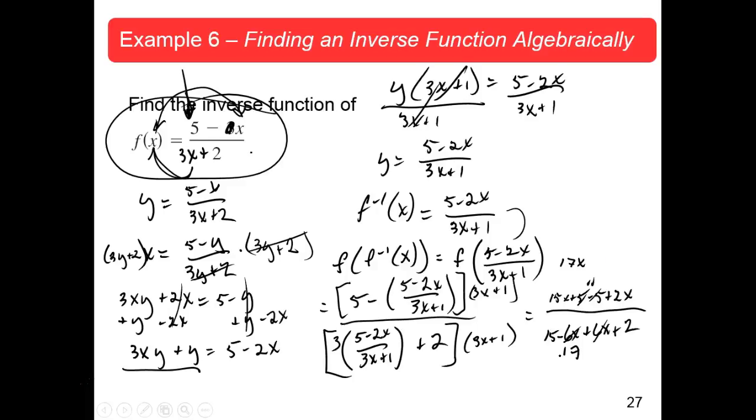And what's 17x over 17? X. 17x over 17 is just x. That's what we were looking for. F of f inverse should be x, and indeed it was.